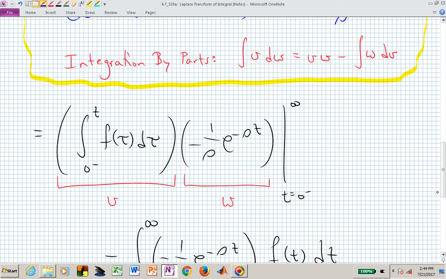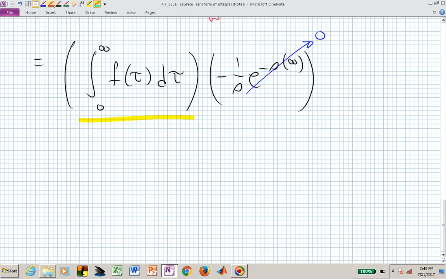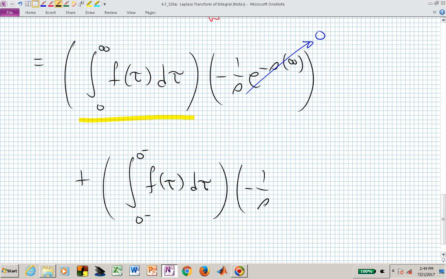We now need to subtract from that this first piece evaluated at the lower limit, which is 0 minus, and we have a negative sign in here. Subtracting and pulling that minus sign out, we have plus the integral from 0 minus to 0 minus of f of tau d tau times minus 1 over s e to the minus s 0.